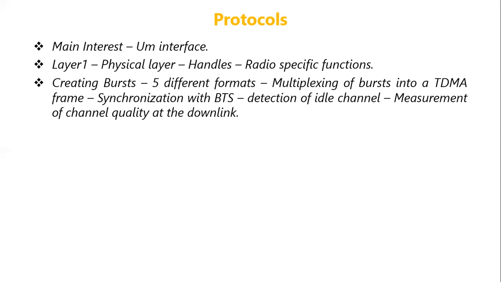The other functionality is multiplexing of bursts into a TDMA frame. According to our last session, a TDMA frame has multiple slots, basically 8 slots, so that multiplexing is also taken care of by the physical layer.